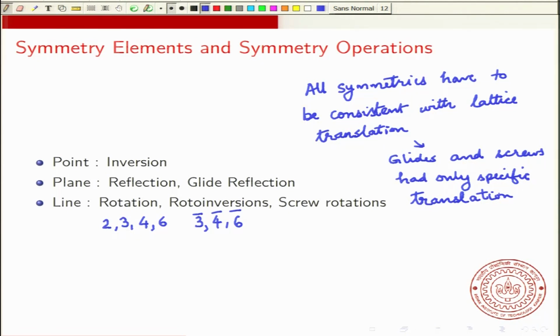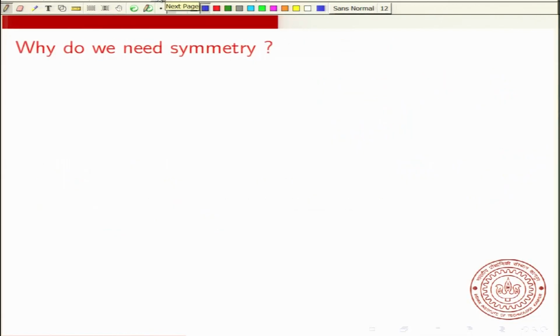Now the question is, why do we need symmetry? I'll give a few reasons why we need symmetry. Let's start with the following statement that we used. We had defined a crystal as a lattice plus a basis.